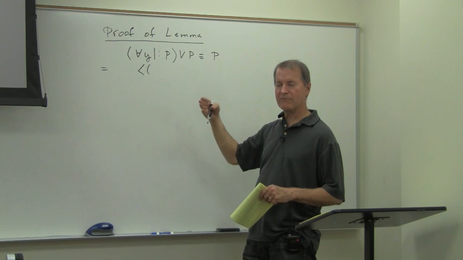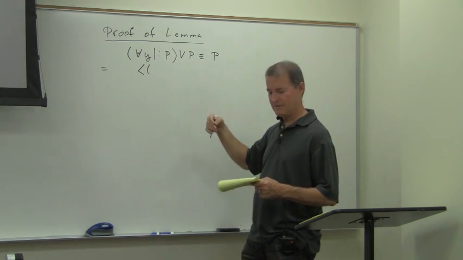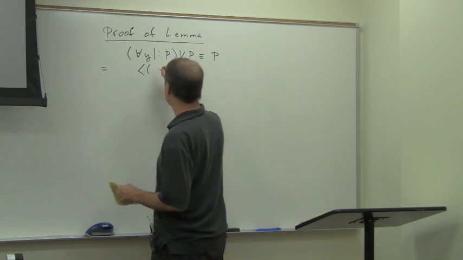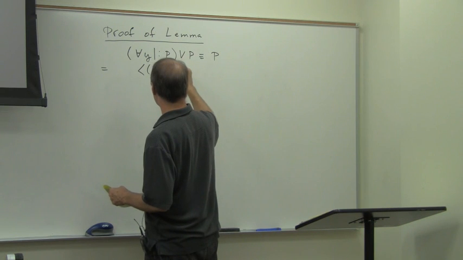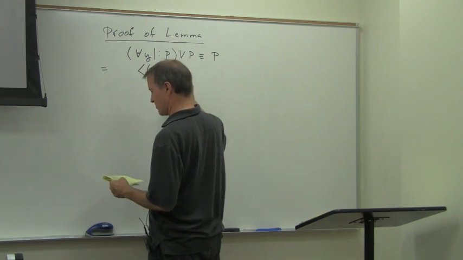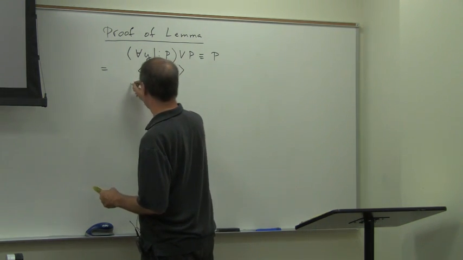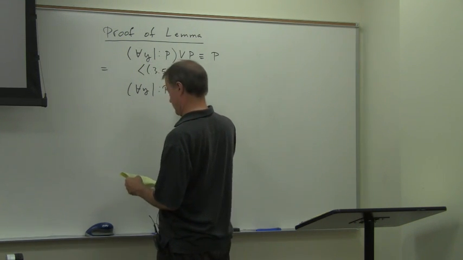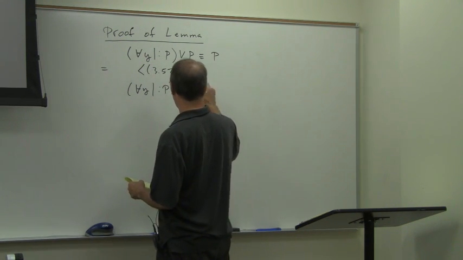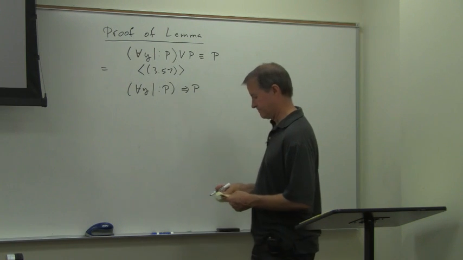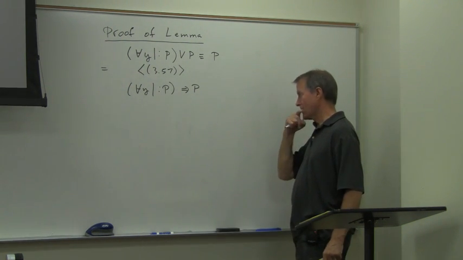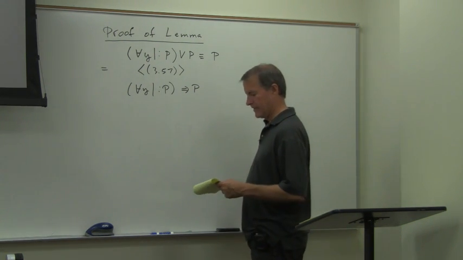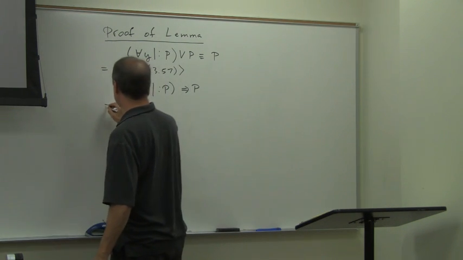We had our old friend 3.57. So what does this equal by 3.57? For all y, range true, body P implies P. Now, do you believe this?